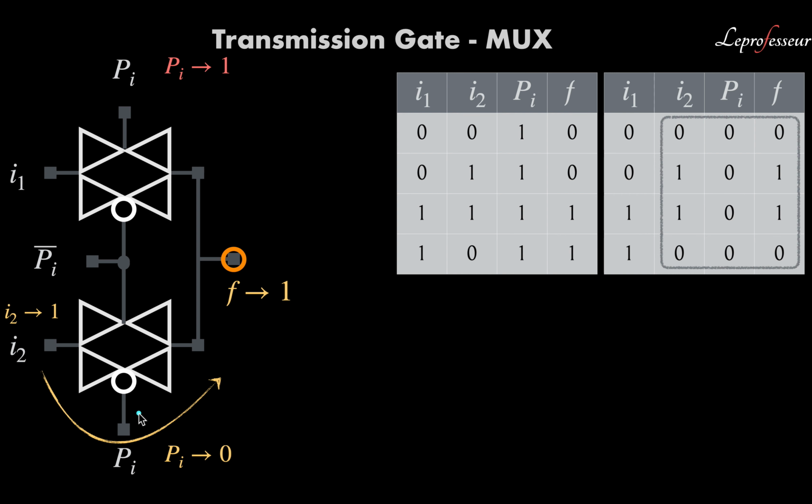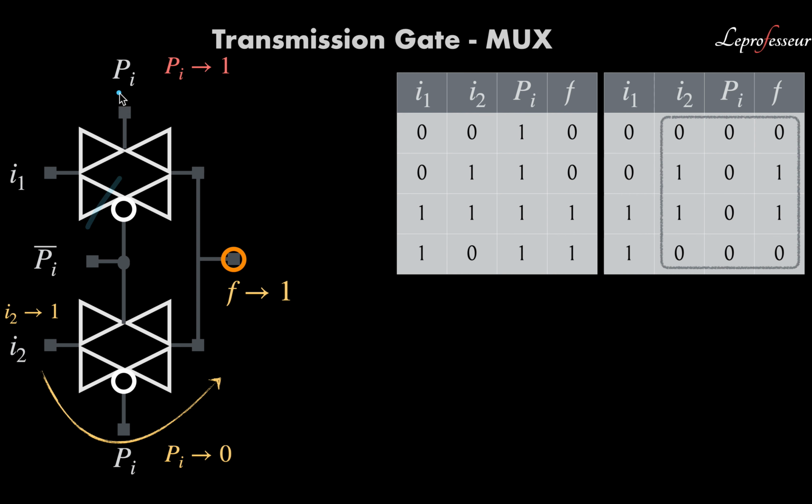When PI is 0, this gate will be on, and the inverted version of PI is connected to the gate of the PMOS of the first transmission gate for I1, and that will be off.